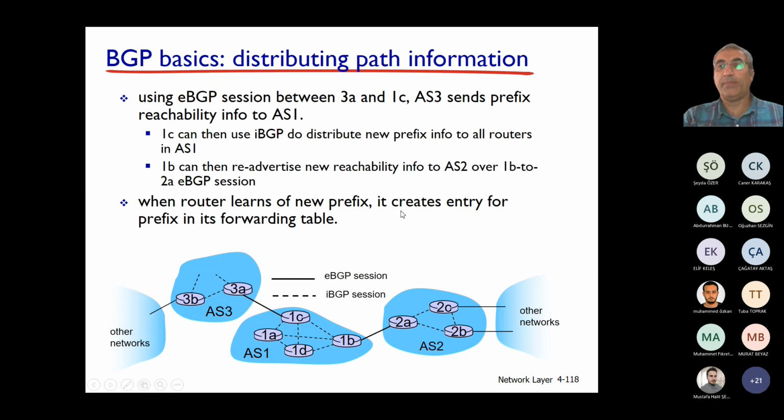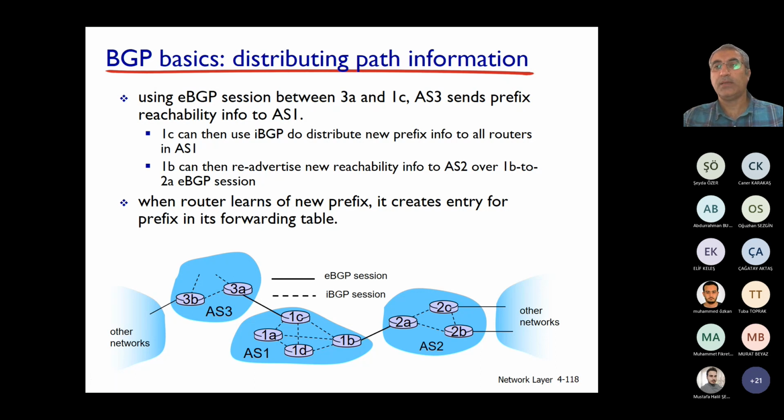So, distributing path information. And remember, we have two types of session: the eBGP session, which is the external BGP session utilized between ASes, and iBGP, a session that is utilized within a single AS. So using an eBGP session between 3A and 1C, as you see, eBGP connects 3A and 1C. AS3 sends prefix reachability information to AS1.